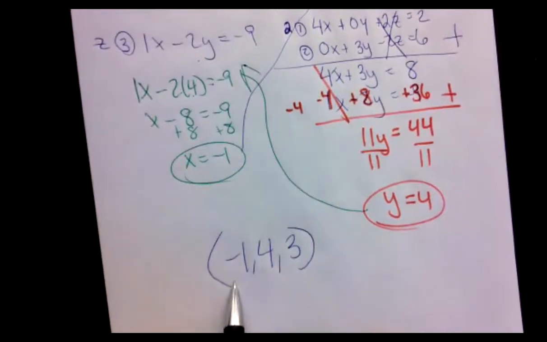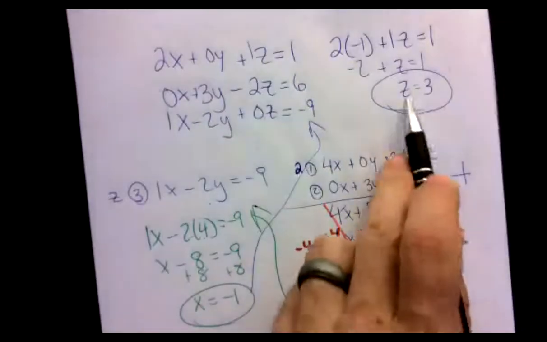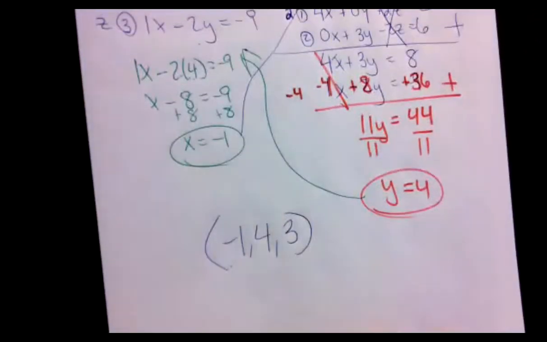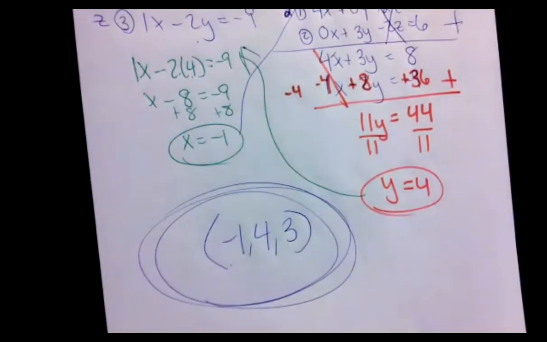So we're going to do x and then y and then z. So the x was the -1, the y was the 4, and z was 3. This is my solution. My solution is always going to be a coordinate. So even the 3 variable, 3 equation systems need to give your solution as a coordinate.